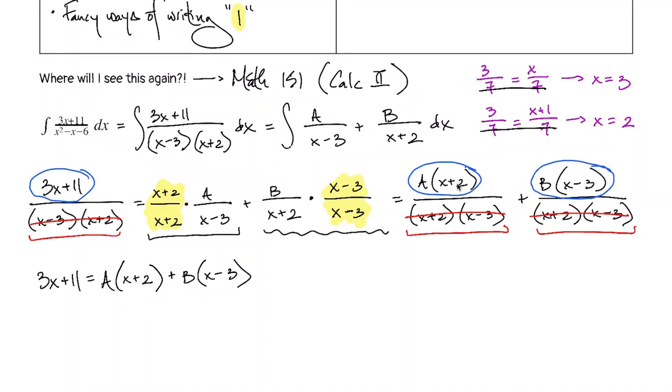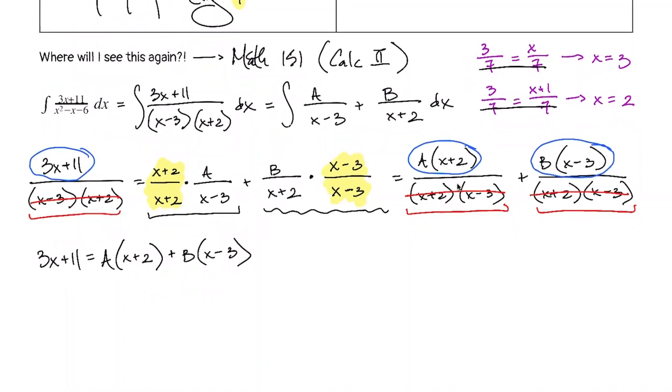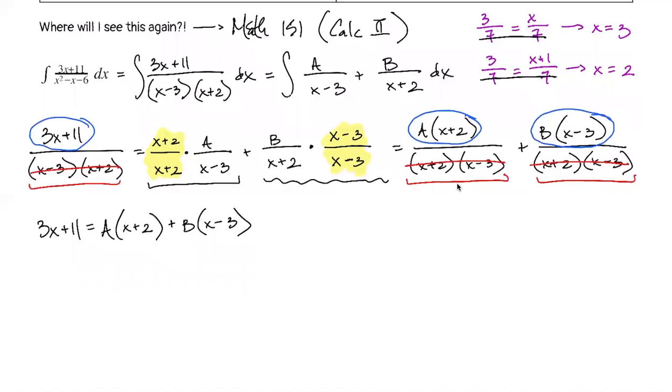So once I have the denominators the same, I can cross them out and just set up an equation with the numerator. Okay. Now our job is to find a number for A and a number for B.